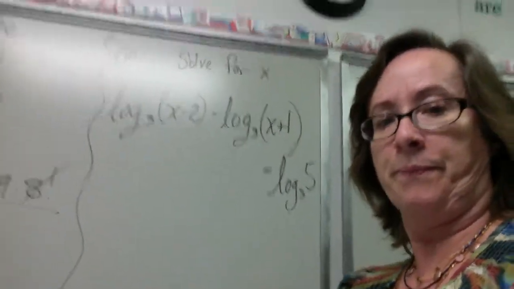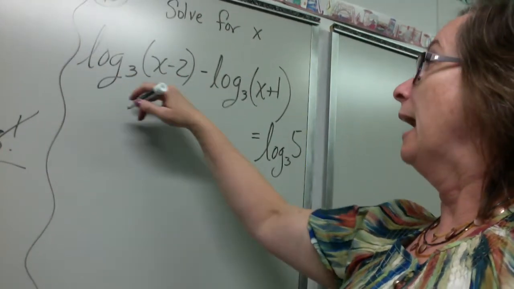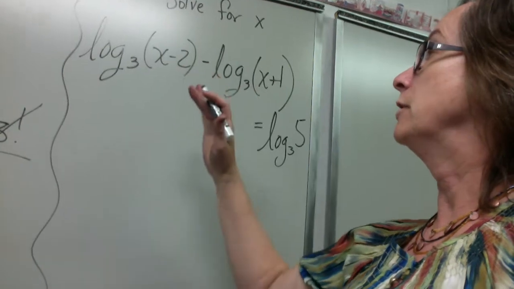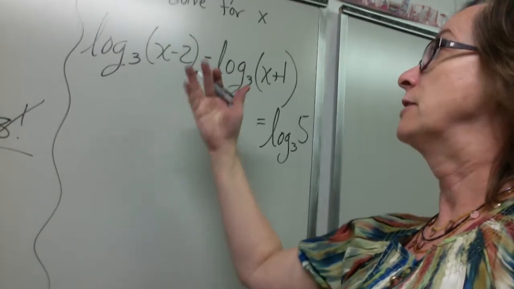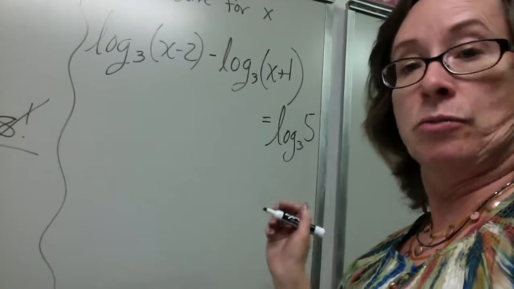There we go. Okay, so now when I have a subtraction, remember my identity tells me I can turn that into a division. So it's the log of the quotient is equal to the difference of the individual logs.